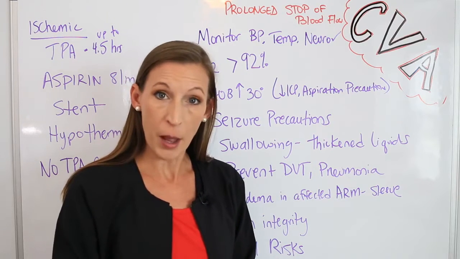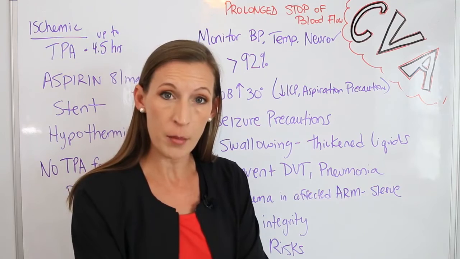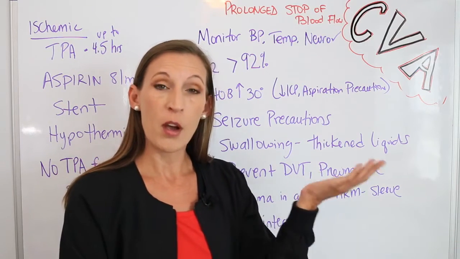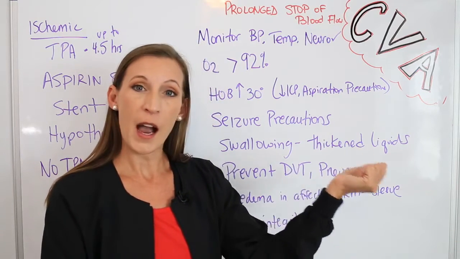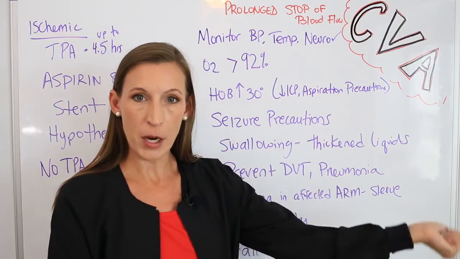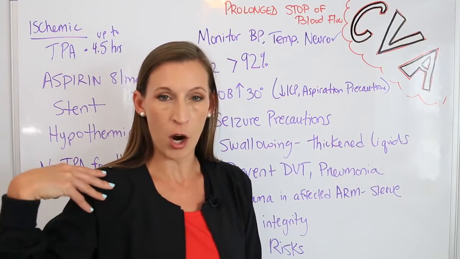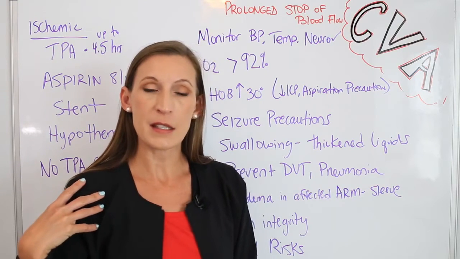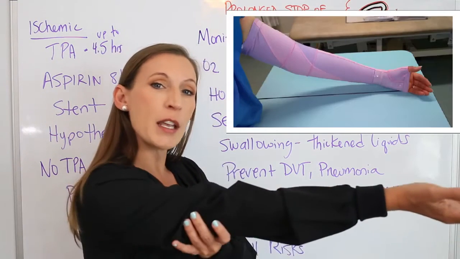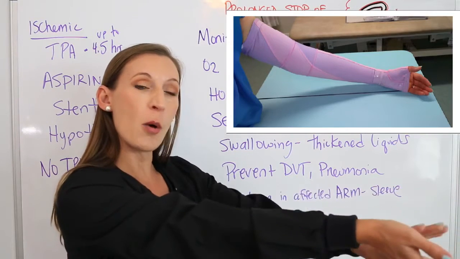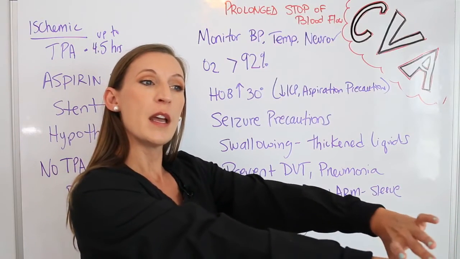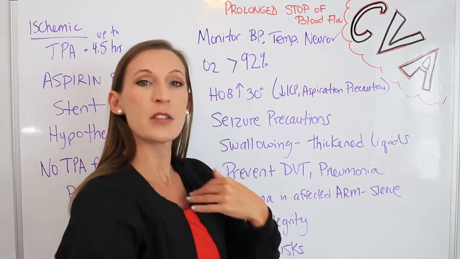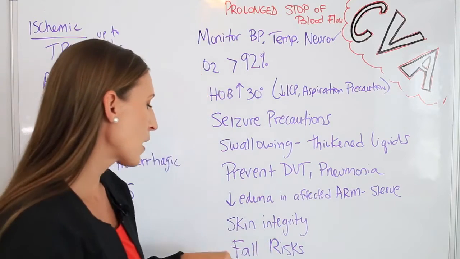We're not allowed to take blood pressures in the affected arm, so only use the other arm for IVs or blood pressure taking. The affected arm, the arm that's paralyzed, we will not do anything with that arm. You can get the sleeves, which are like a compression stocking that goes over the arm and helps return some of that lymph fluid and vascular fluid back into the circulatory system.